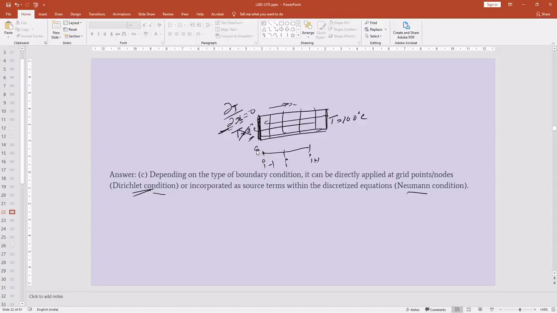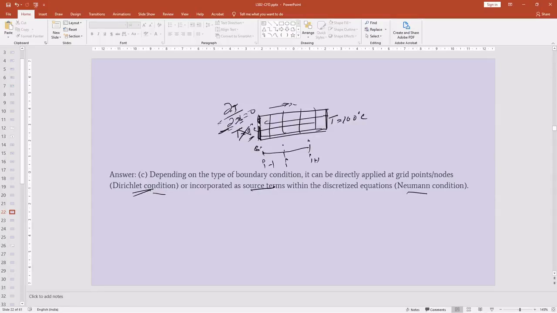Even if two points are unknown I can work with that, but for one point I'll need some constant value. Then only can I solve for the others. So this term as such I cannot apply here. I will have to discretize it, and then plug whatever is left into the source term.